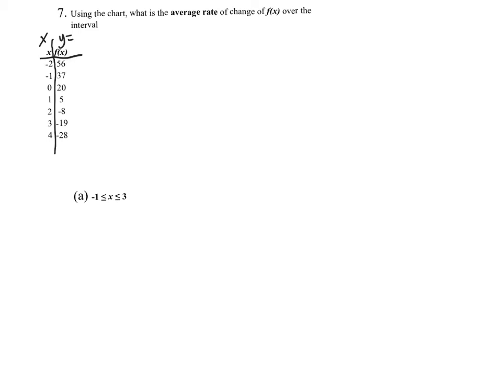So if you remember, what is our average rate of change formula? y2 minus y1 over x2 minus x1. Okay, so we need points to be able to find our average rate of change. So for this first interval, let's go ahead and list our points.